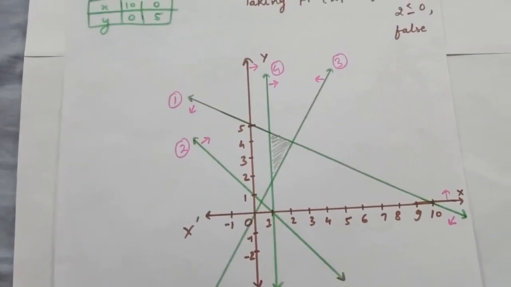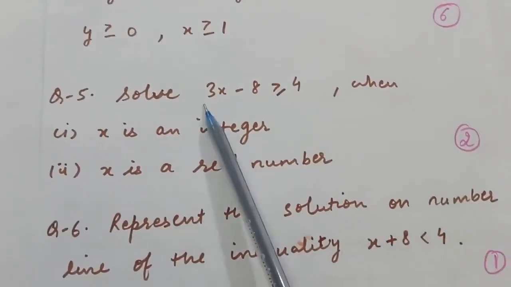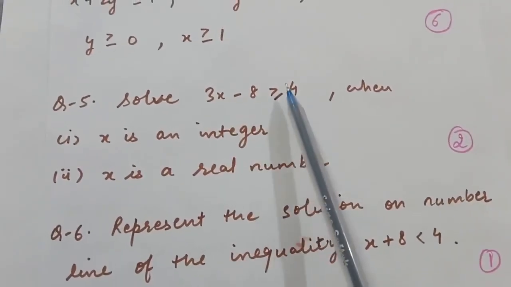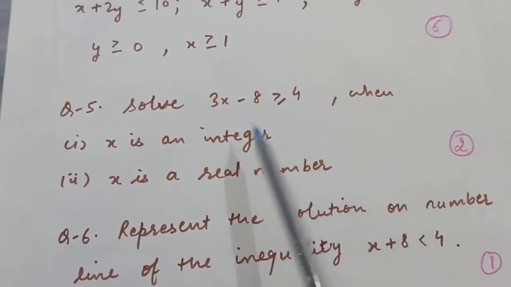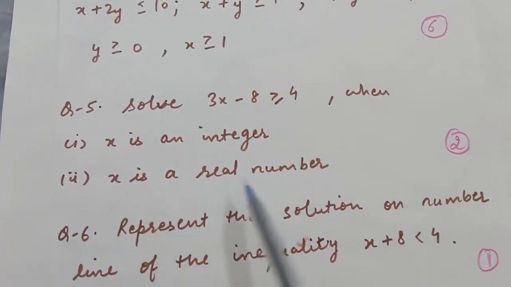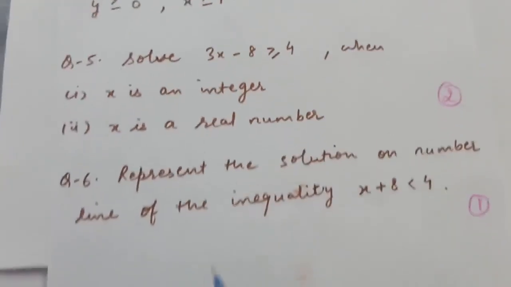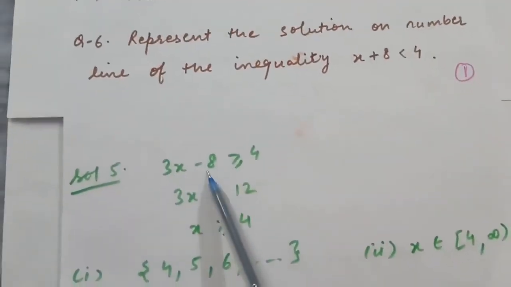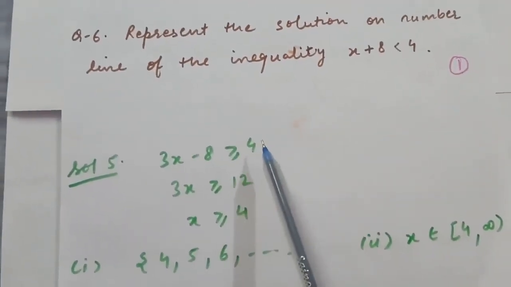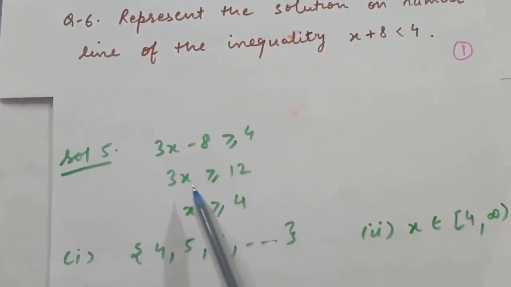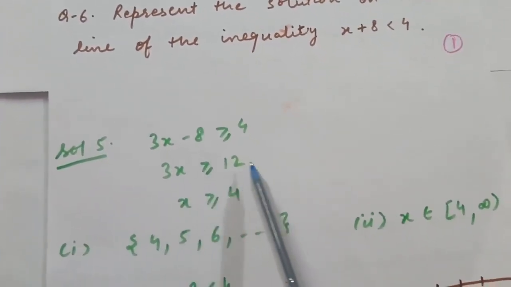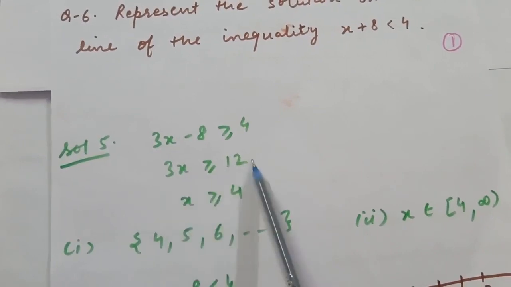Clear? Question number 5. Solve 3x minus 8 greater than or equal to 4 when x is an integer and when x is a real number. So for solving this, 3x minus 8 greater than or equal to 4, add 8 to both sides. So 3x greater than or equal to 12, and then divide both sides by 3.